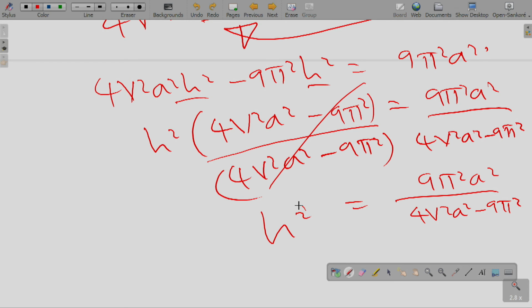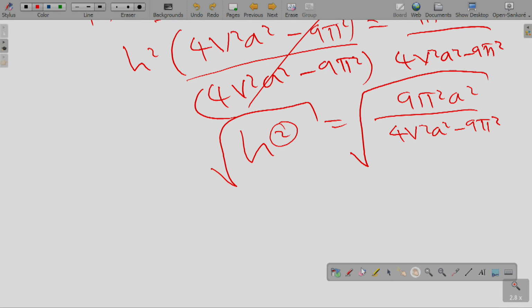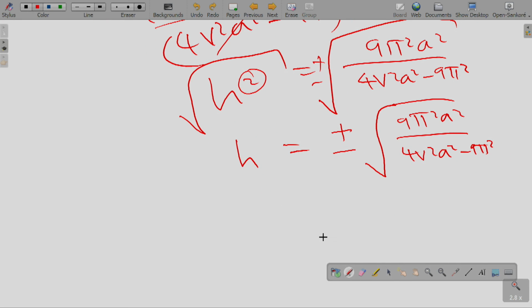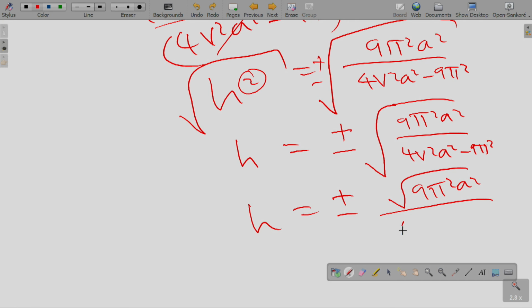So to remove this square, I have to take the square roots, and the answer here becomes h is equal to plus or minus the square root of 9 pi square a square over 4v square a square minus 9 pi square.